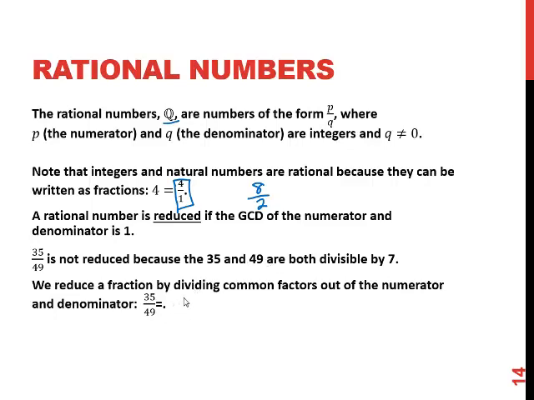And one way to do that is to factor the numerator and factor the denominator. And then we can divide the top by 7, leaving a 1 there where that 7 was. Divide the bottom by a 7, leaving a 1 where that 7 was. And 5 times 1 is 5. 7 times 1 is 7. So we say that 5/7 is the reduced form of 35 over 49.